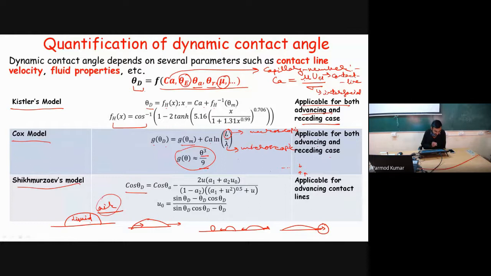These models I have shown here are only applicable when we have a liquid drop in the presence of air. Another situation we may have is one liquid as the drop liquid, and the surroundings also having another liquid, say liquid 2. For this type of situation, we will look at the viscosity of the drop divided by the viscosity of the surrounding, or the other way, the viscosity of the surrounding divided by the viscosity of the drop. For an air-water system, the viscosity of the surrounding is nearly equal to 0, so this viscosity ratio is nearly equal to 0.